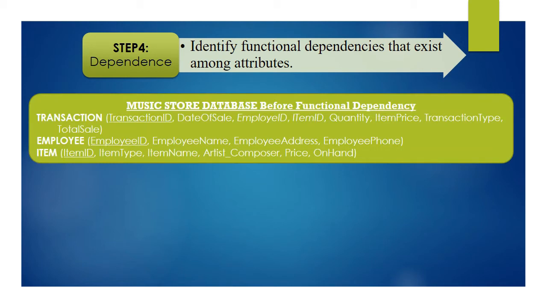The item price also has to do with the item and not the transaction. All items are dependent in the employee table, and also all items are dependent in the item table. Our new table becomes what you see here.